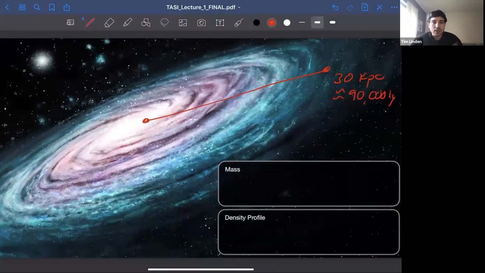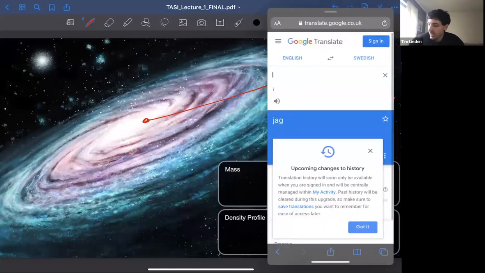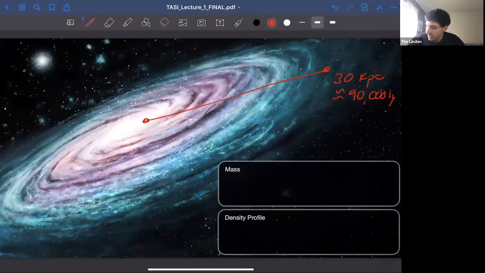And the galaxy is not spherically symmetric. It is a disk, and it has a halo height that is much smaller, only about 0.5 kiloparsecs. So it's a very thin, very wide disk.